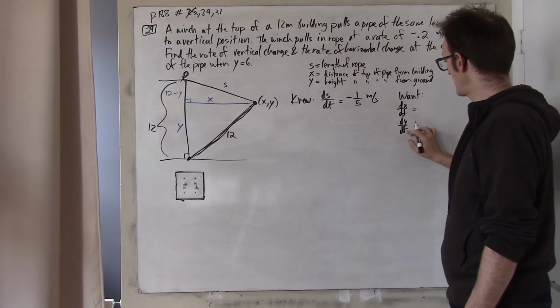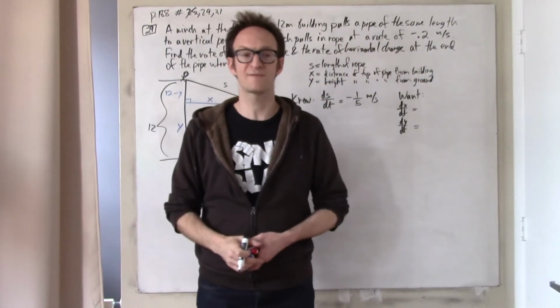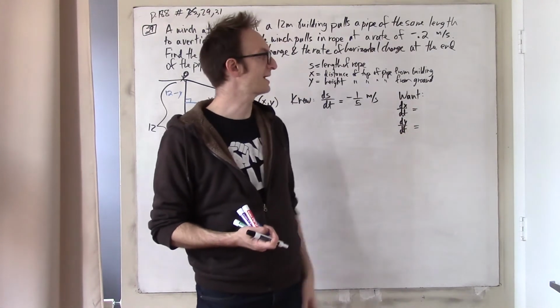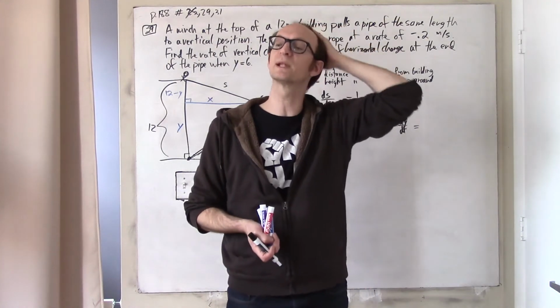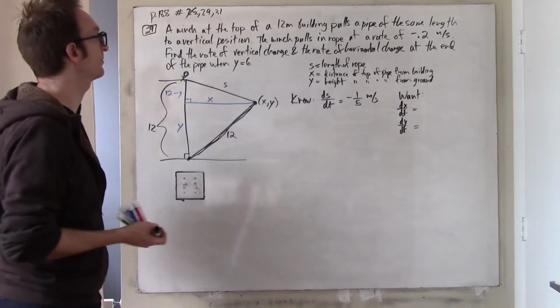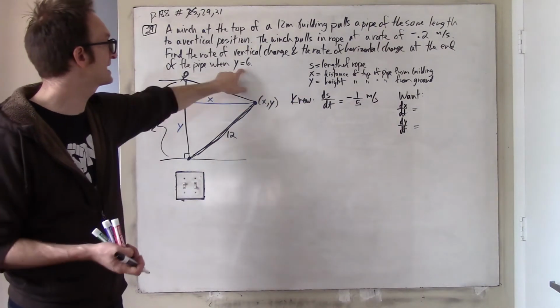And like I said in the first part of this video, in order to solve this problem, we are going to have to compute general formulas for dx dt and dy dt, and to some extent that's the real related rates problem. But in order for this problem to have an answer which is a number, they're asking us to evaluate dx dt and dy dt at a particular moment.